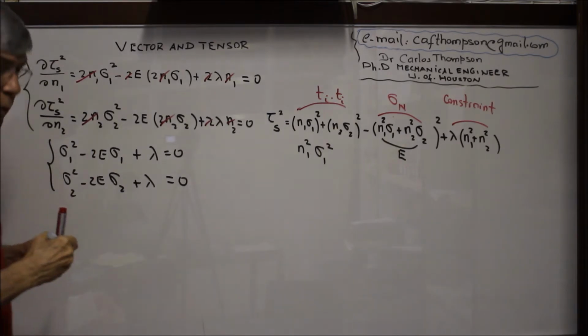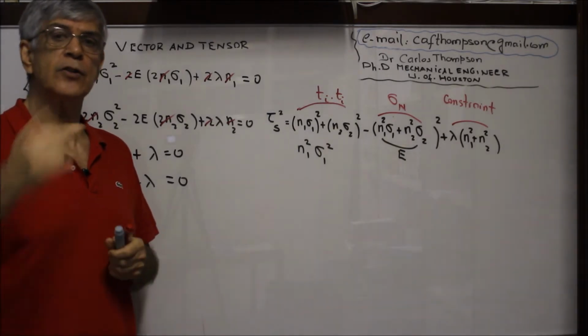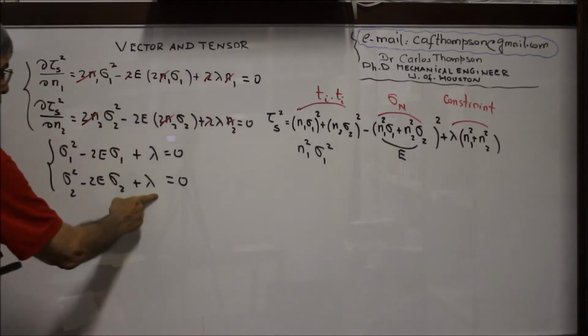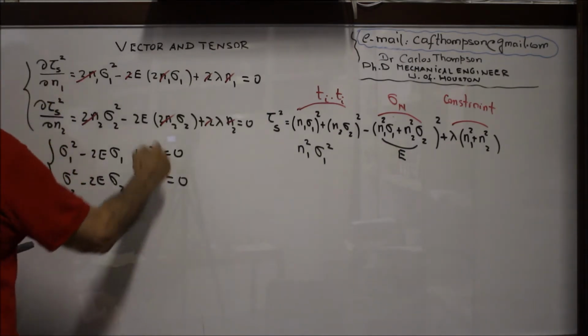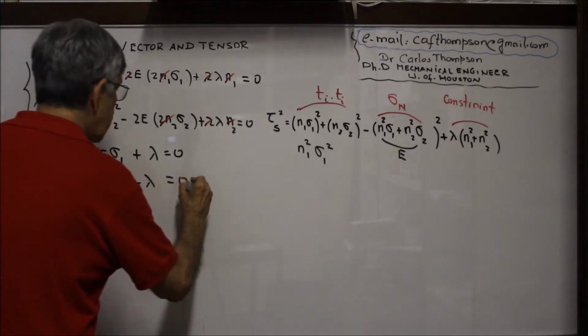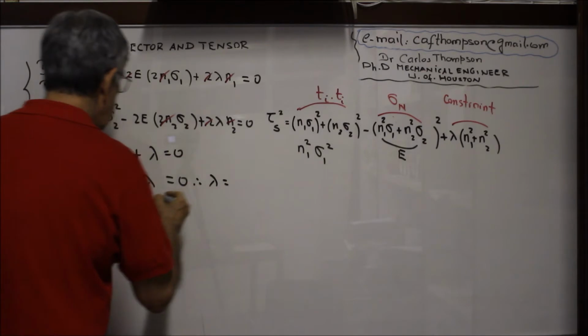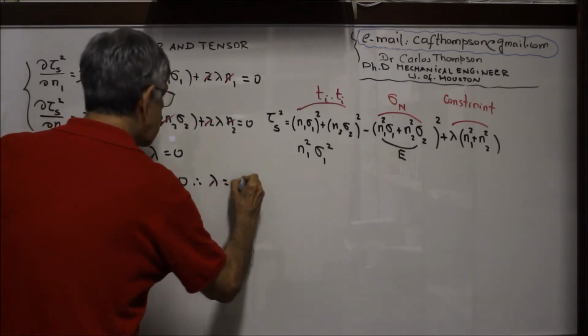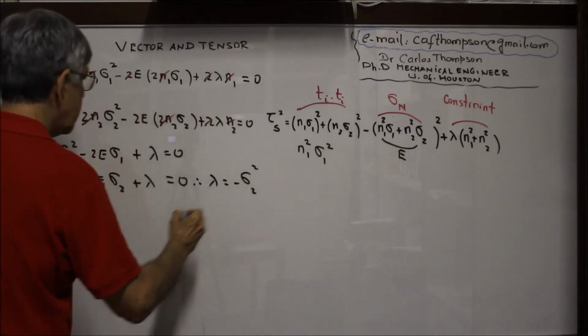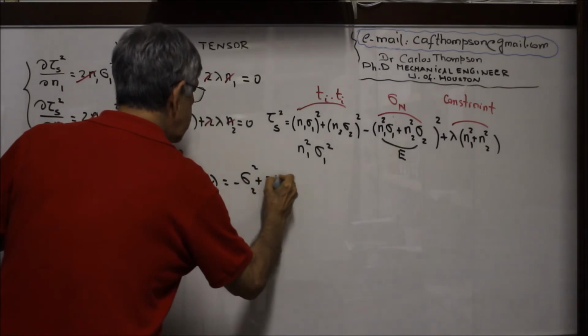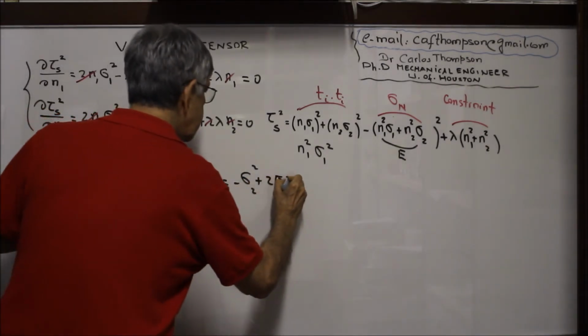Exactly like we did previously in this lecture, let's get lambda here and substitute there. So lambda is equal to minus sigma 2 square plus 2e sigma 2.